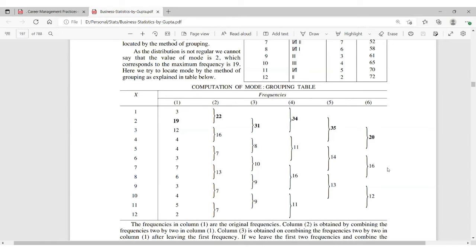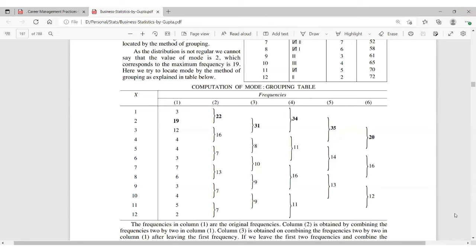Next, fourth column, we make groups in threes. Next, fifth column, leaving the first frequency, groups in threes. Next, leaving the first two frequencies, then group in threes. Right?